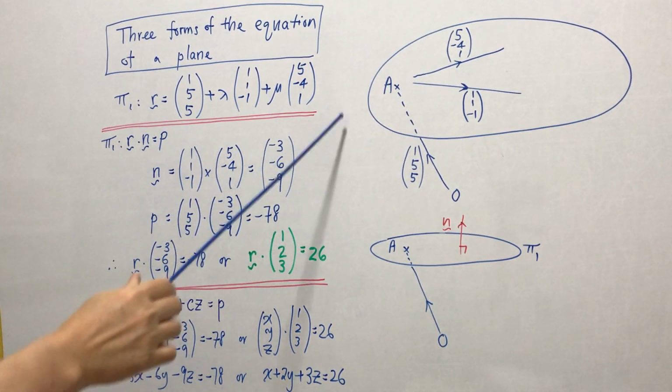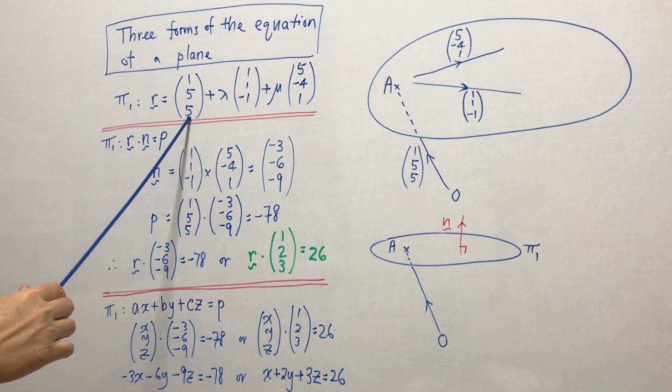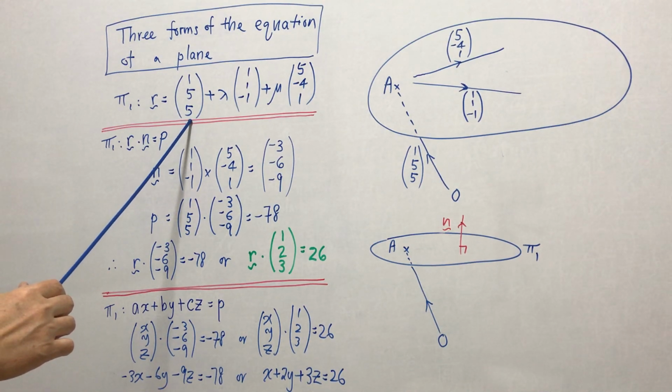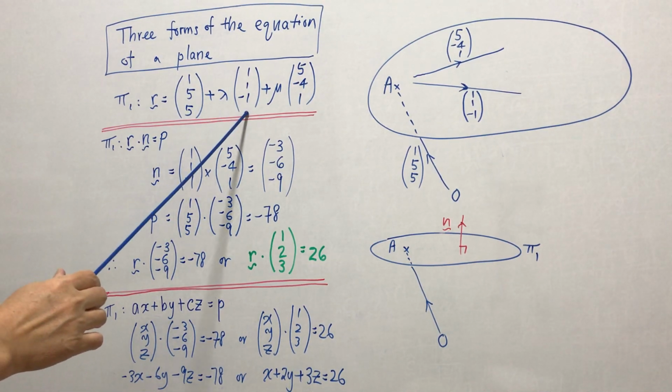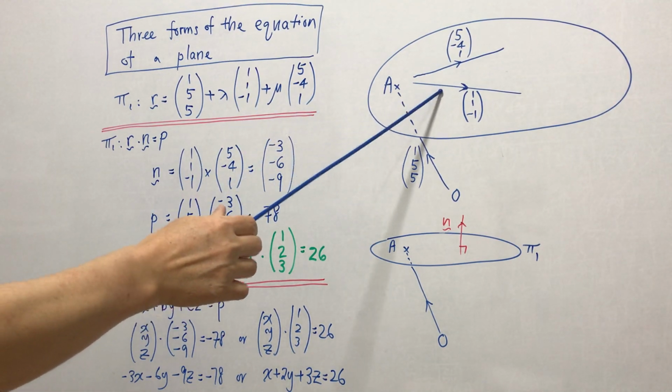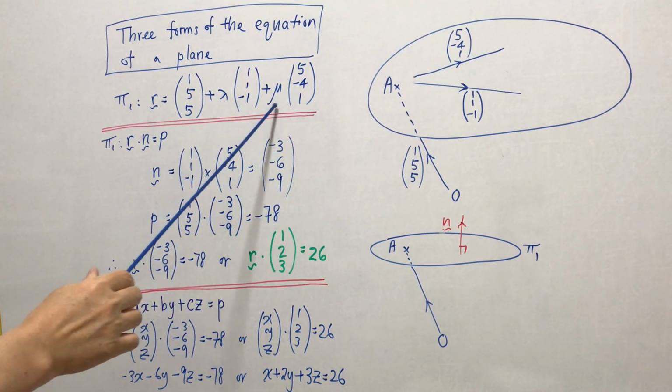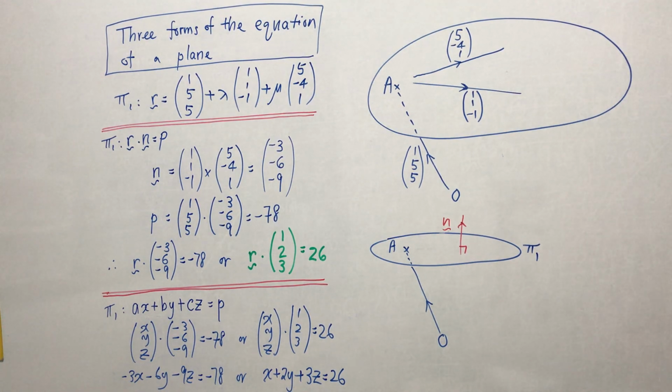So in the first form, we have the position vector of a point on the plane, and two other vectors which are parallel to the plane. We have also learned before that these two vectors cannot be parallel.